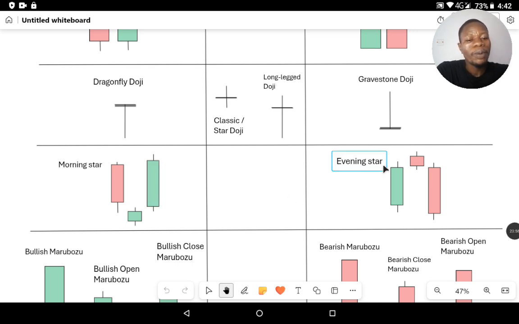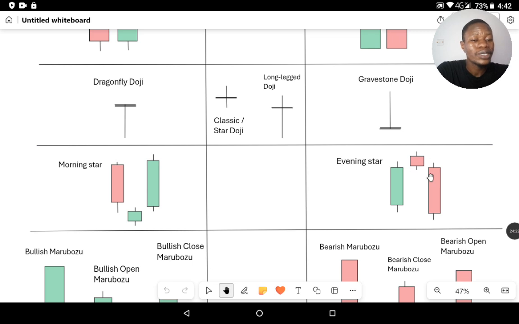While the opposite is the evening star. This is when you have the same pattern but a different color. The market was coming from the bottom to the top. The last candle formed was bullish, and after the bullish, the next candle that formed is so small, the buyers couldn't even take control. So the sellers are the ones in control, but it is a small candle.